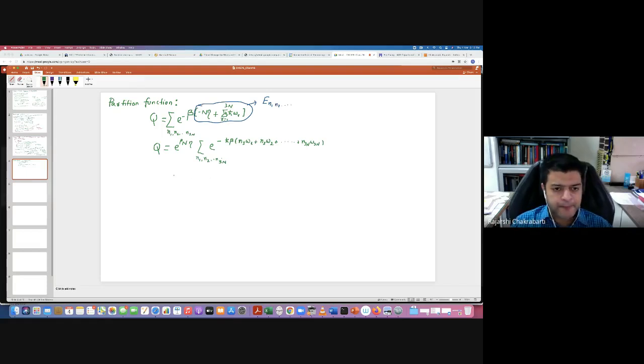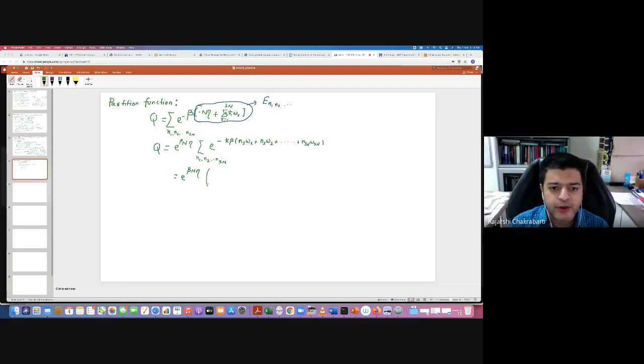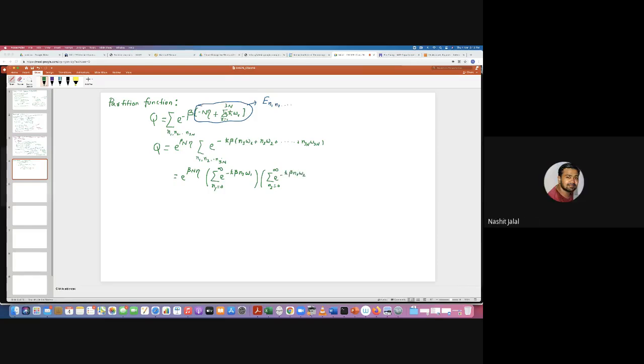Now what will be the next step? The next step is very easy. I have exponential of beta n eta, and then you have exponential, which makes your life very easy. You have a product for n1 going from 0 to infinity, then n2 going from 0 to infinity. How many such products are there? 3N.